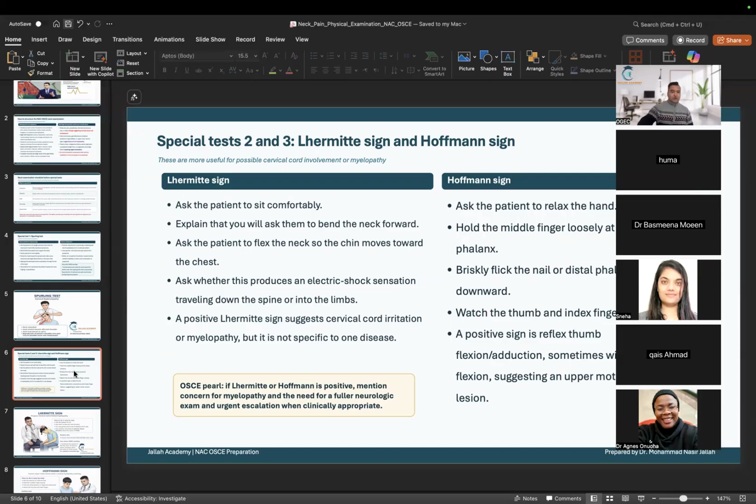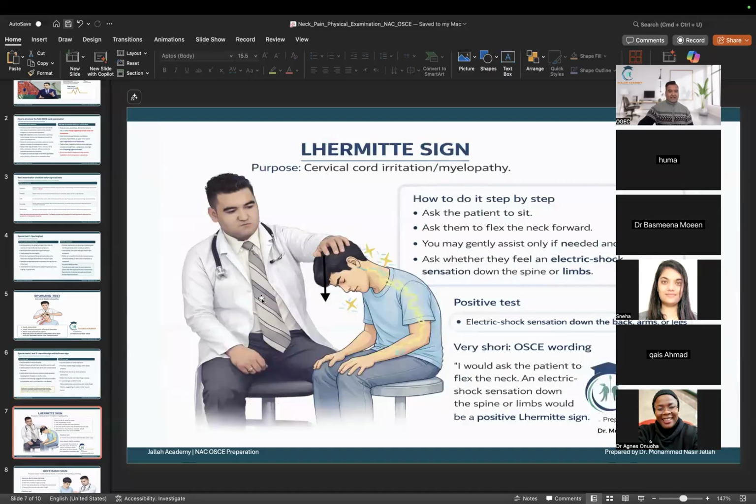So how do we do the exam for the Lhermitte test? The sign that's going to produce this test is called Lhermitte sign. Lhermitte sign is when, if the patient has cervical myelopathy, you ask the patient to sit and just look down or bend his head forward.